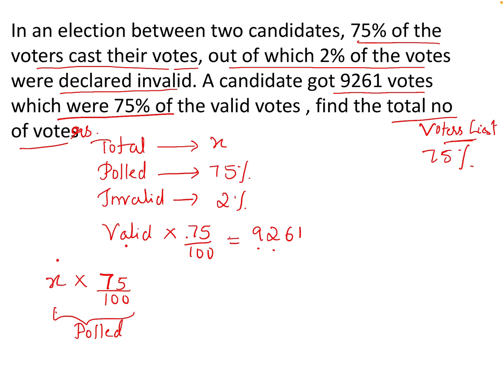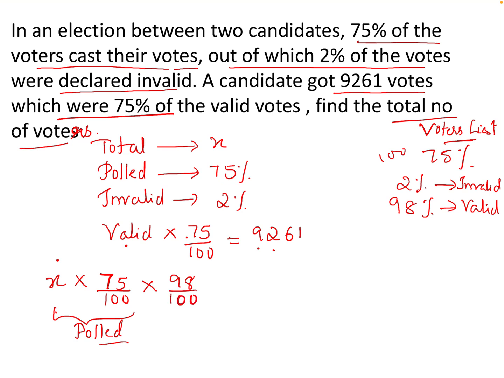Then, we know from this total polled votes 2% are invalid. When 2% are invalid, the remaining 98% will be valid votes, isn't it? Out of 100, if 2% is invalid, the remaining 98 will be valid votes. So 98% of the polled votes are valid votes.